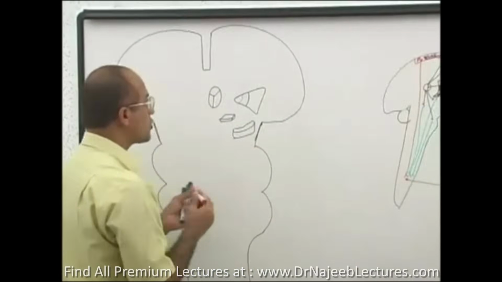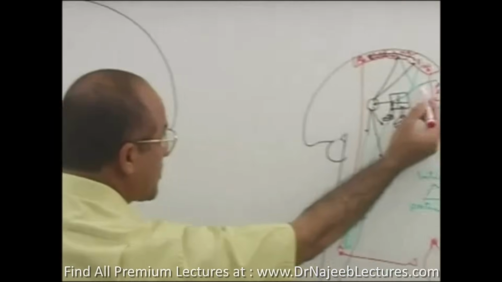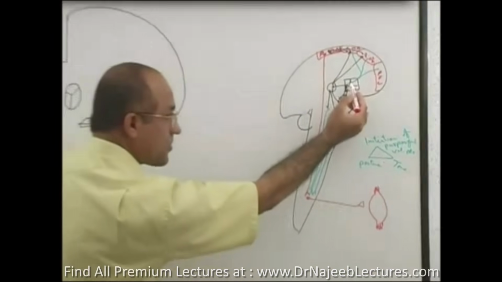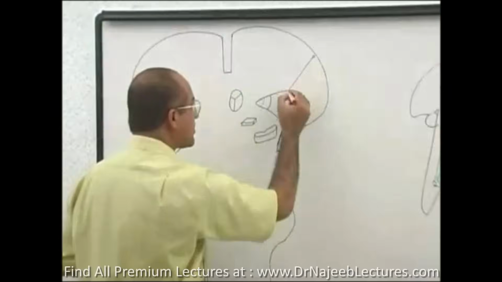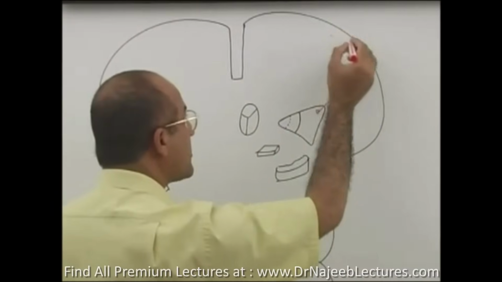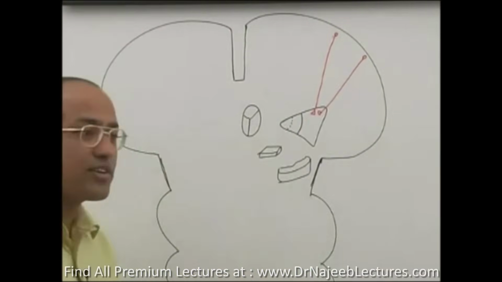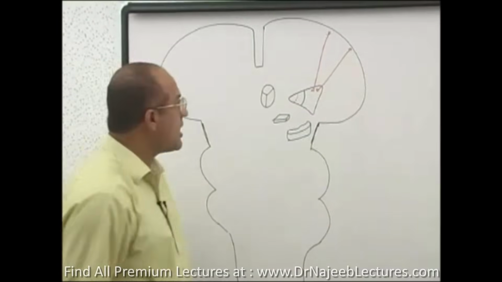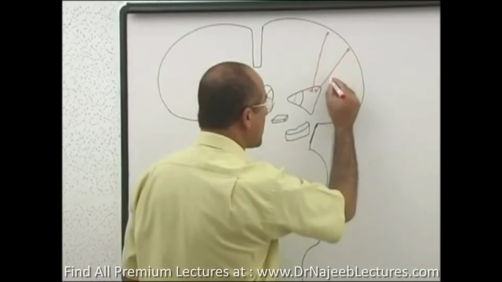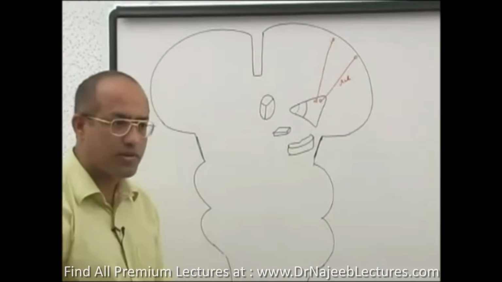Now, to stimulate the movement, fibers are coming from the cortex. Is that right? These corticostriatal fibers. These are stimulatory fibers, and some fibers are releasing acetylcholine, so they are called cholinergic fibers.